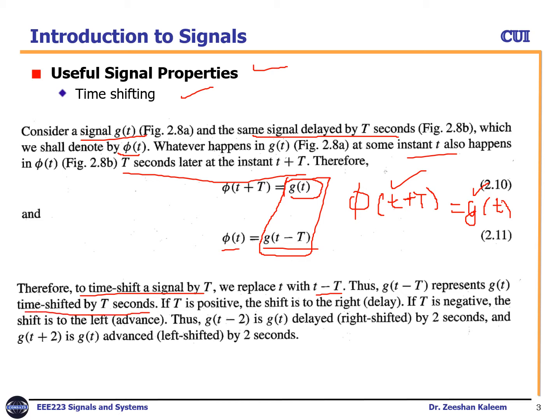If T is positive, for example 2, the shift is to the right, and it is a delay. So g(t minus 2) is a delay. If T is negative, the shift is to the left, so it is called advance. Thus g(t minus 2) is g(t) delayed by 2 seconds, and g(t plus 2) is advanced, shifted left, by 2 seconds. In the next slide I will show how it looks.